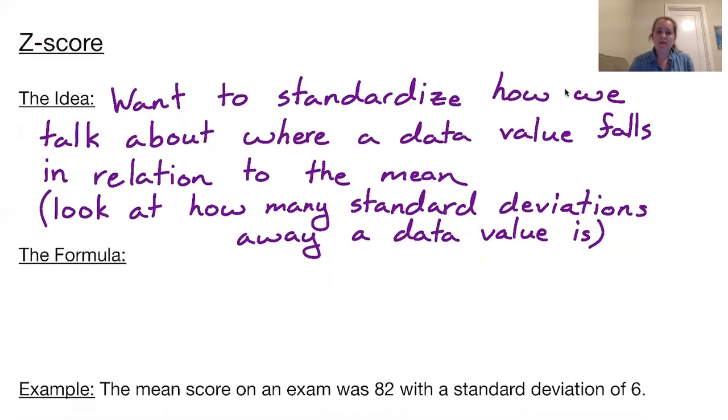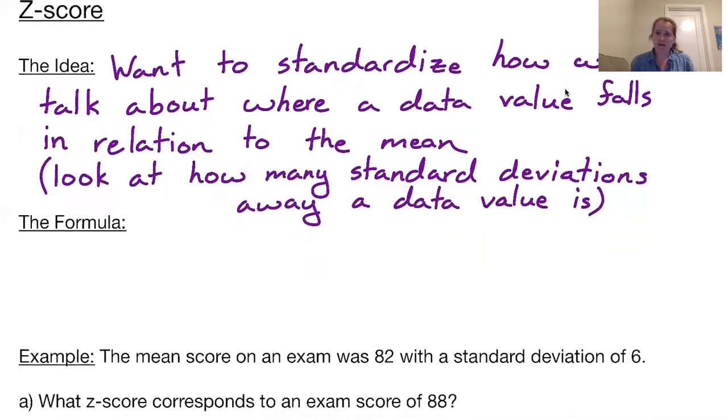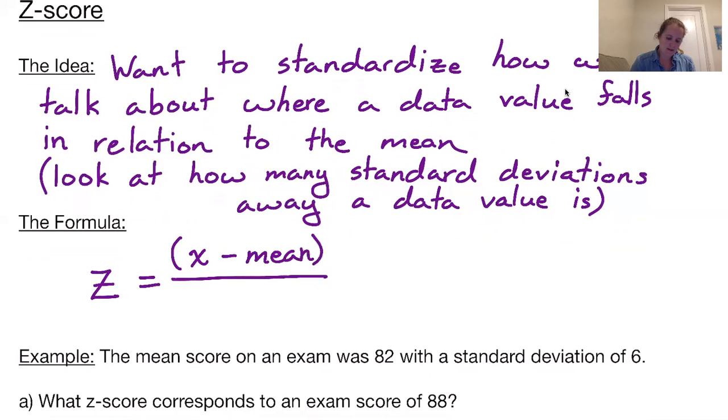So the formula that we reduce this down to is that z-score, or z, is equal to the data value x minus the mean, mu, divided by the standard deviation sigma.